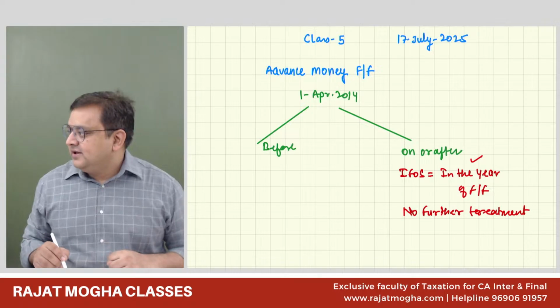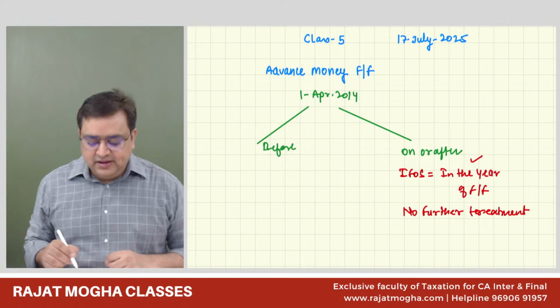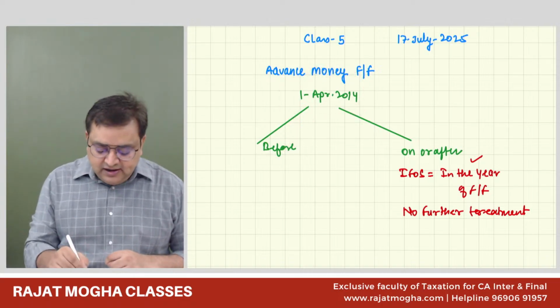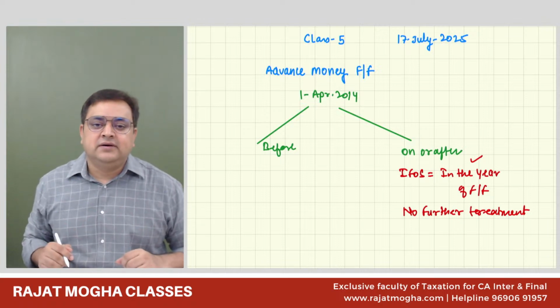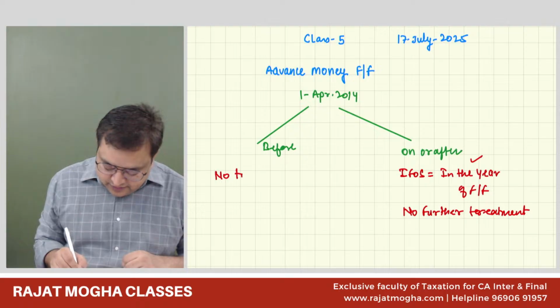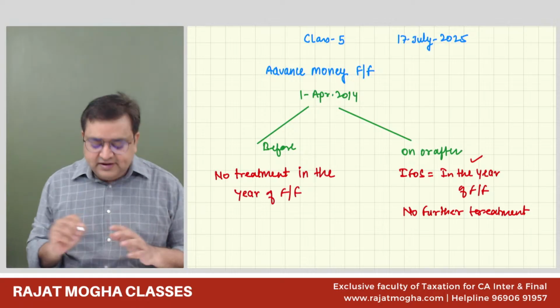Correct, Sugandha, correct, Mohan. Now, if this advance money had been forfeited before this date, then it does not become the income in the year of forfeiture. In the year of forfeiture, there is no treatment.